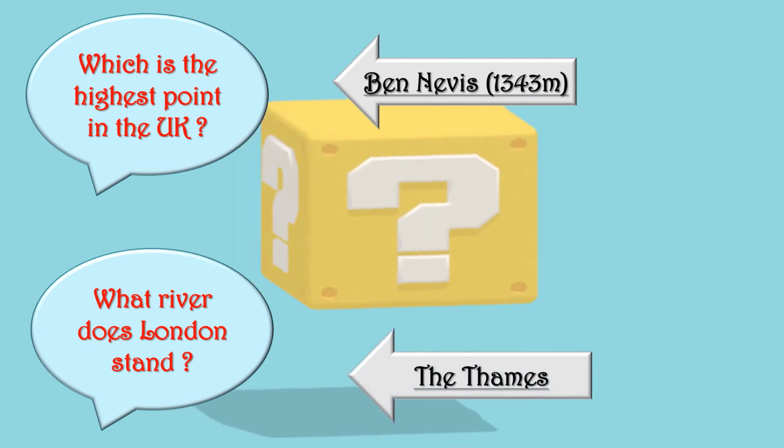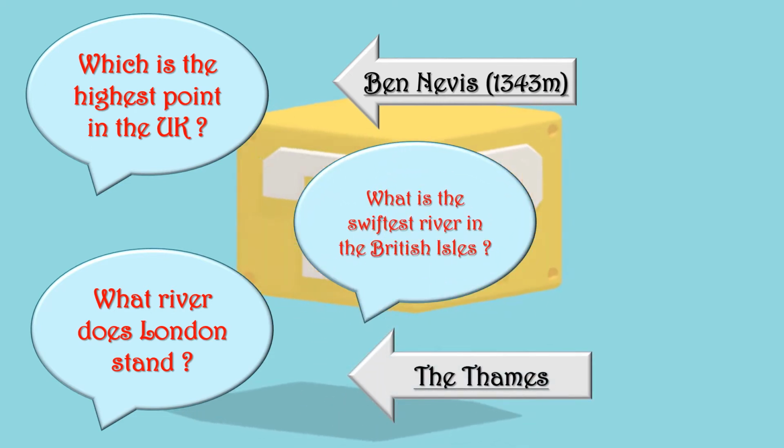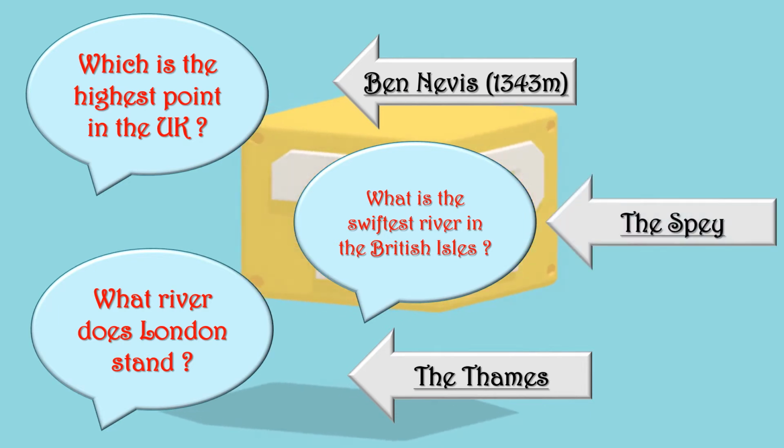The Thames. What is the swiftest river in the British Isles? The Spey.